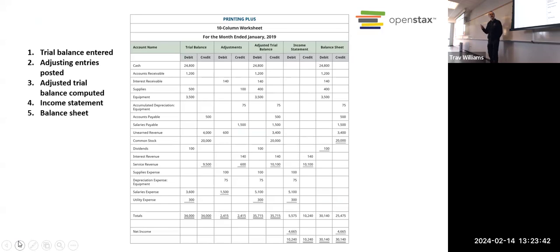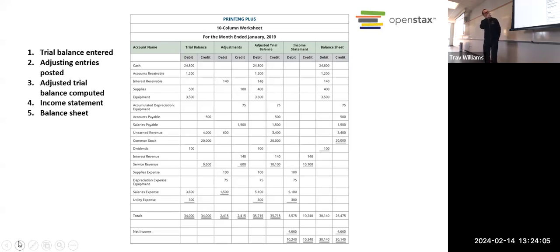With these 10 columns, you can have your trial balance, your adjustments, your adjusted trial balance, your income statement, and your balance sheet all in one spreadsheet. It just makes it super easy to see all the information together and how they relate to one another.